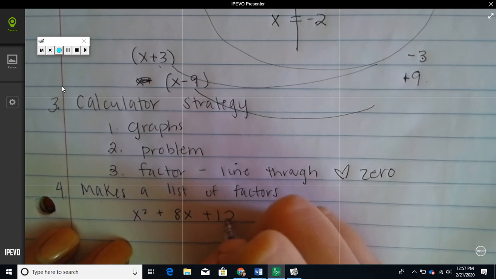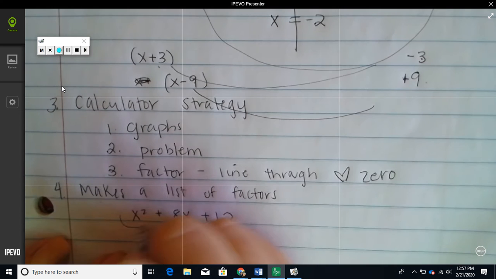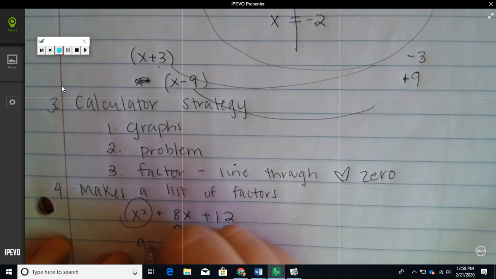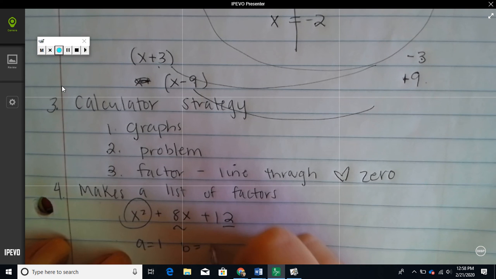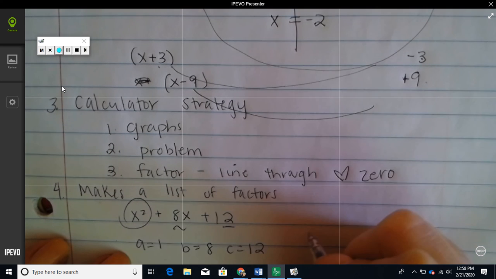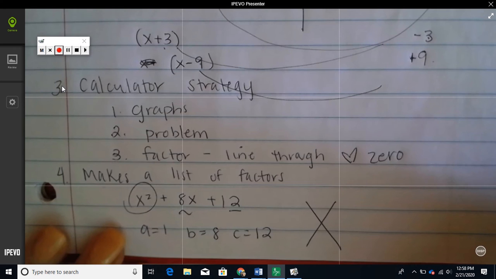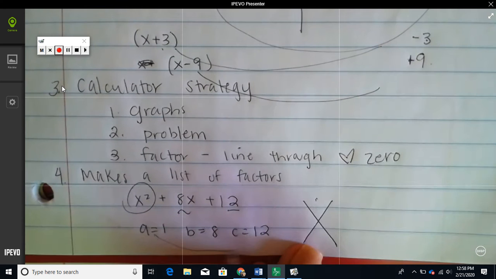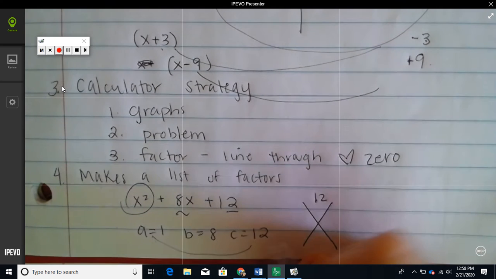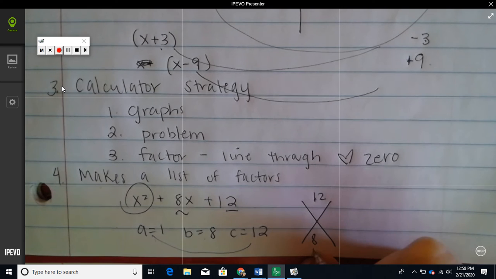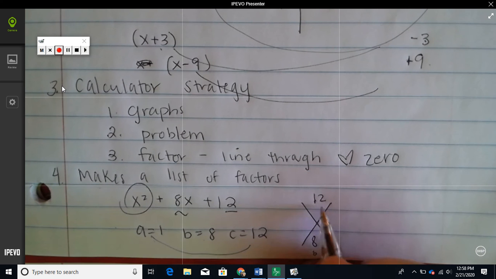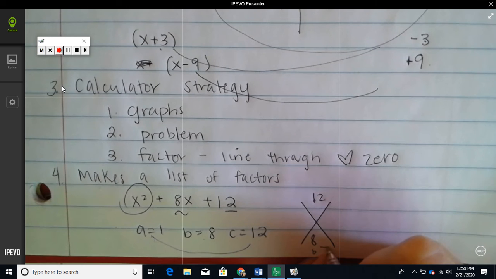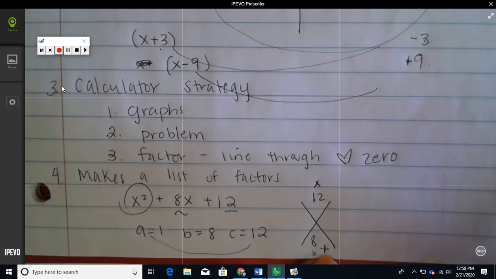My A is 1, my B is 8, and my C is 12. So when I do the magic X, up here I multiply A times C, so that's 12, and I put the B down here. So then I have to figure out two numbers that add to give me 8 and multiply to give me 12. Now where can I have that list of numbers that will be my trial and error?